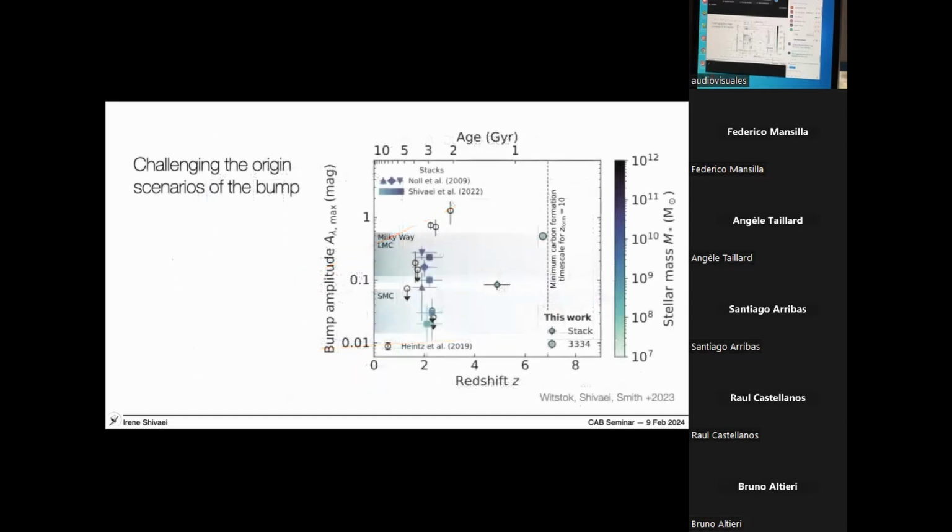So if you look at it in terms of dust production scenarios, this diagram shows the bump amplitude from different studies, some of which are the study that I showed you before, as a function of redshift. And this is the highest redshift galaxy that the bump has been discovered in spectroscopically. The vertical dashed line shows the minimum carbon formation timescale for this galaxy if it formed at redshift 10.